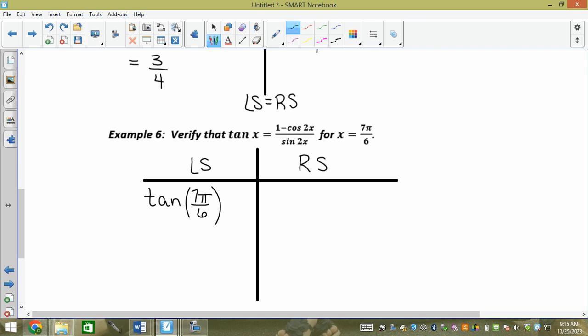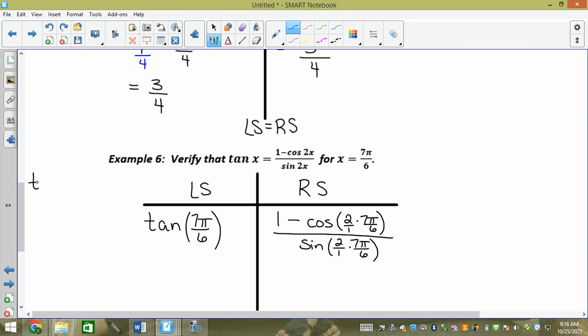And then on this side, we get 1 minus cos of 2 times 7 pi over 6 over sine of 2 times 7 pi over 6. So I'm going to work with this side first. Tan of 7 pi over 6 is sine of 7 pi over 6 divided by cos.